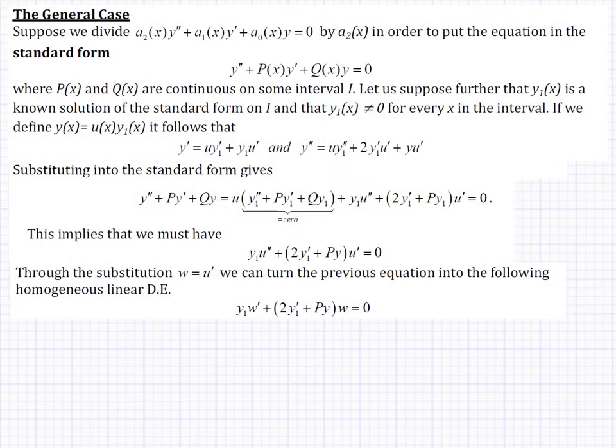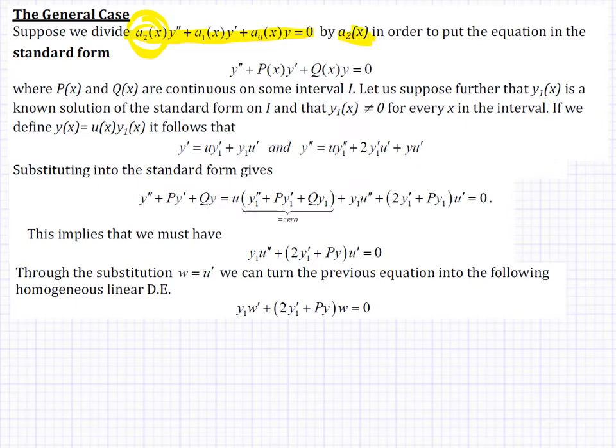Okay, so here's the process we're going to go through. First, we're going to put this second order differential equation in standard form. In order to put it in standard form, just like with the first orders, we have to make this leading coefficient become a 1. So we have to divide everything through by a sub 2 of x.